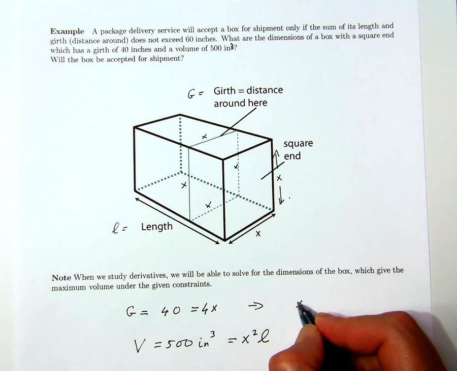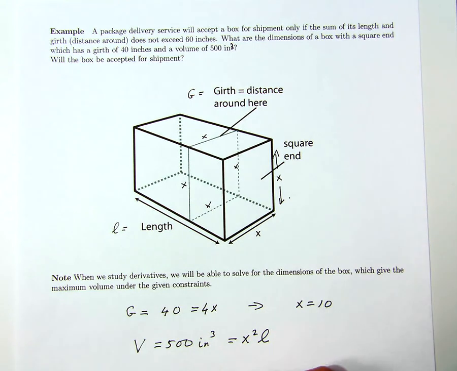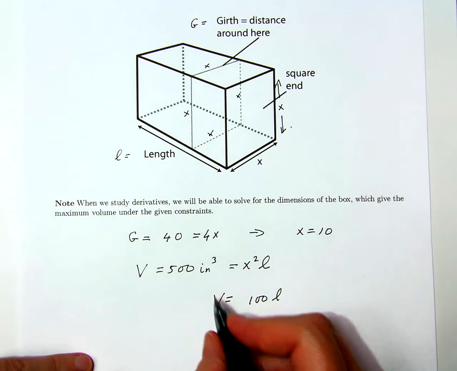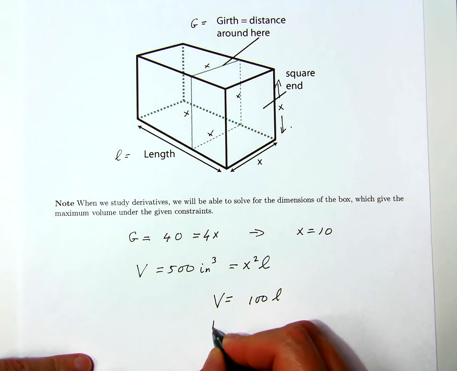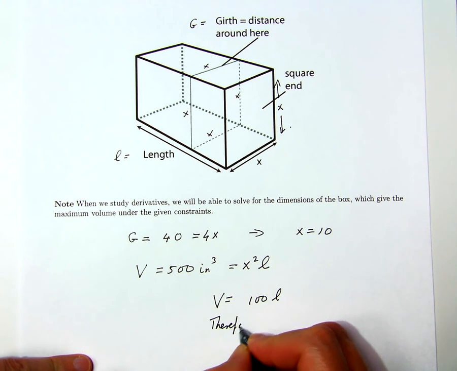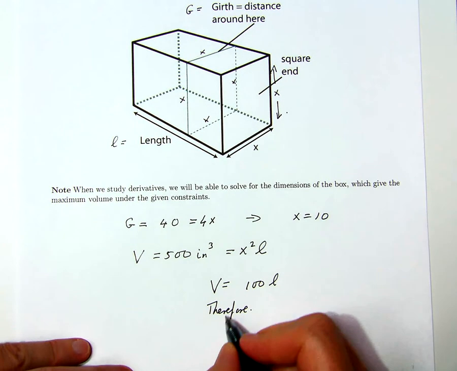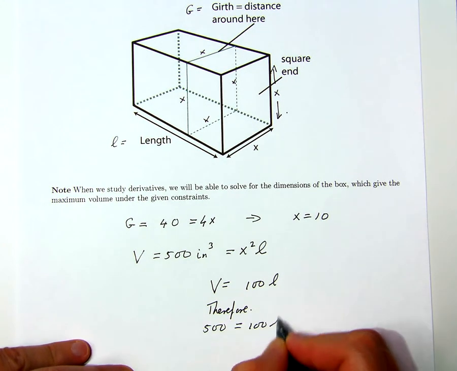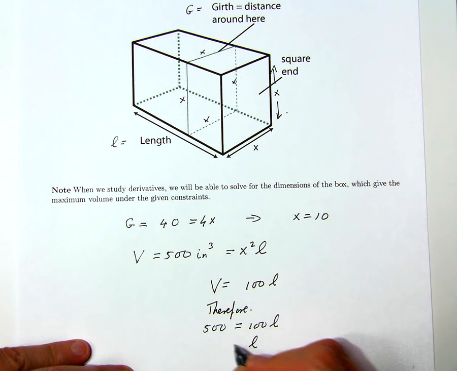So that gives us x is 10, and the volume is now 100 times the length. And so that tells us, therefore, we have 500 is 100 times the length, and the length is 5 inches.